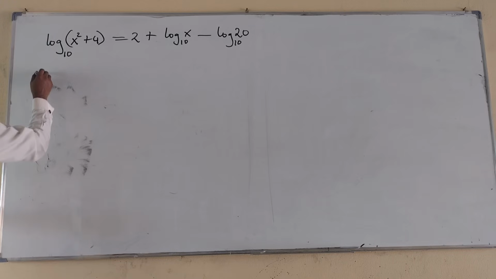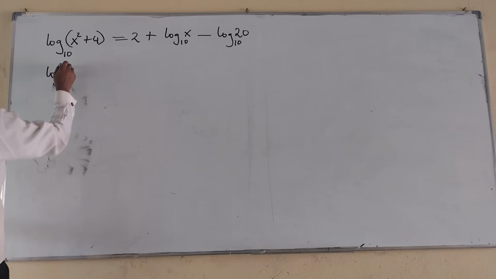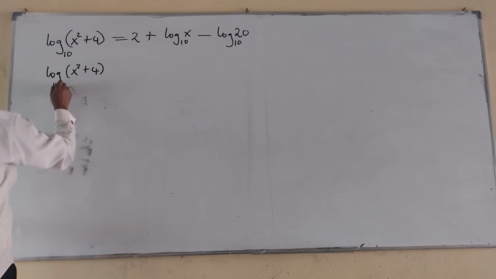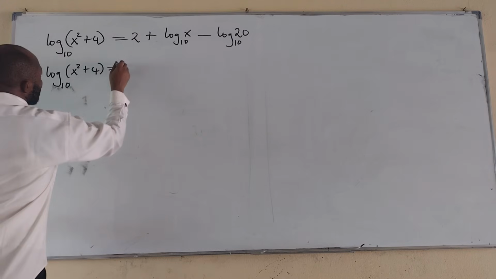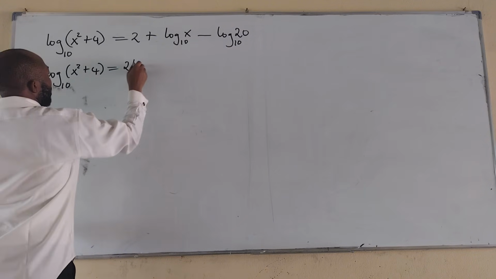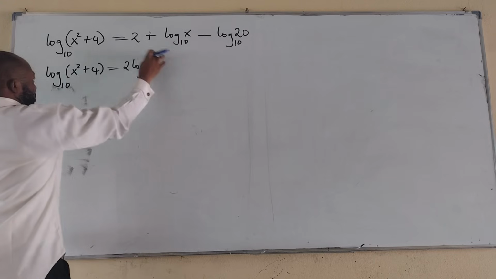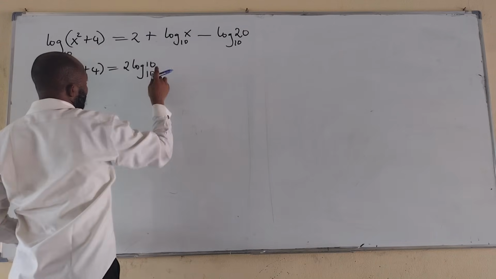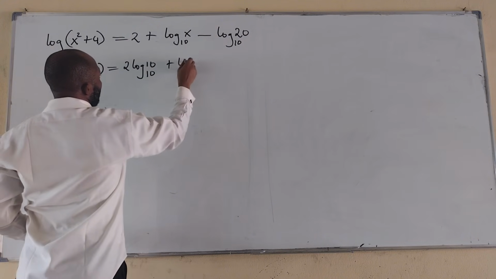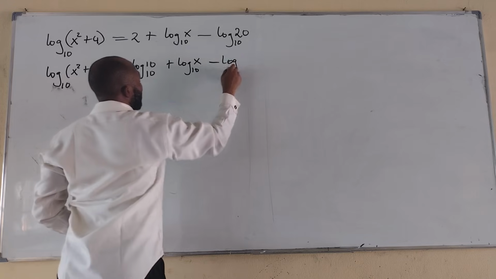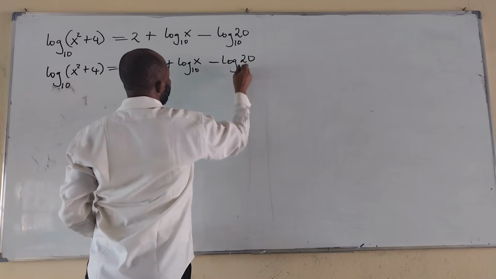So I will have my log of x squared plus 4 in base 10 is equal to 2 log 10 in base 10, which is 1, times 2 is 2, plus log x in base 10 minus log 20 in base 10.